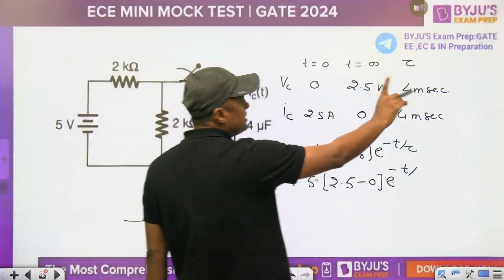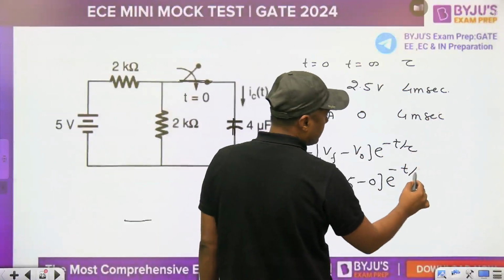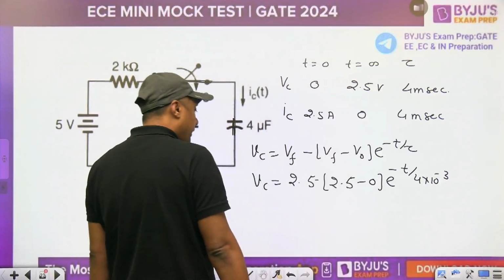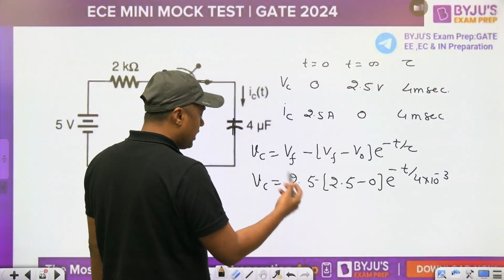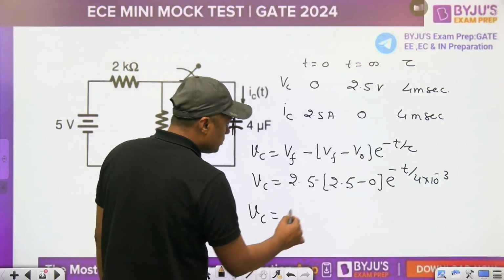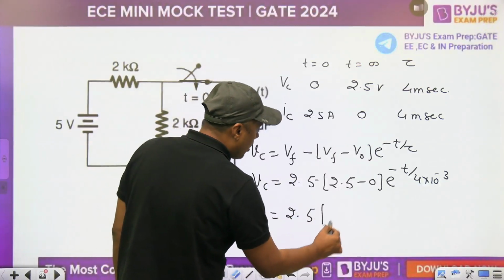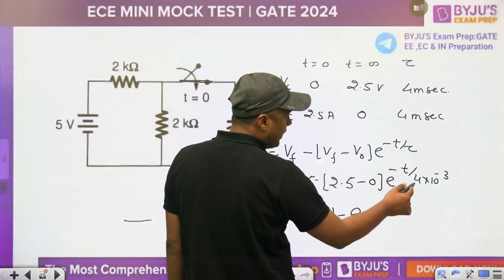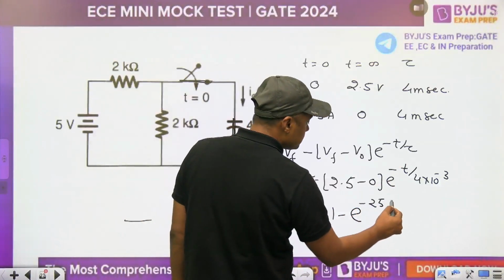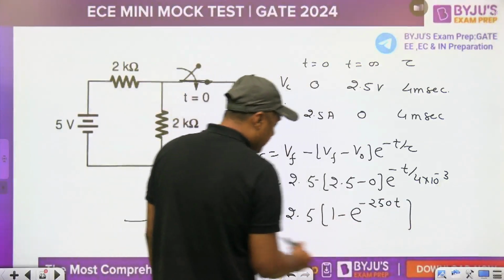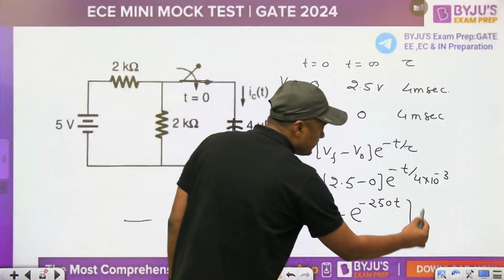Remember, 4 millisecond, 4 into 10 raised to power minus 3, it is in second now. Now it will become, guys, Vc is equal to 2.5. You can take common, 1 minus e raised to power 1000 divided by 4, 250 into t. And that is the voltage across the capacitor in volt.